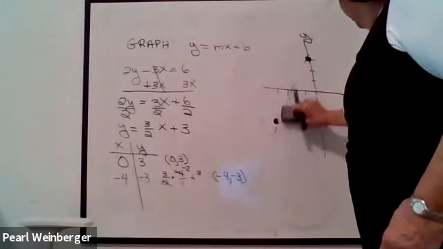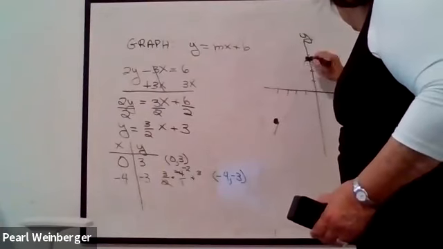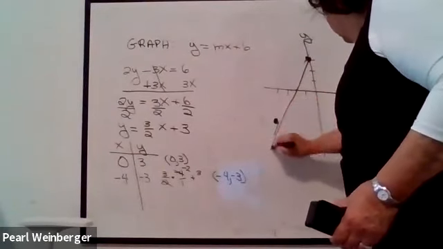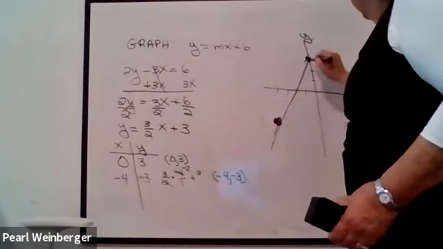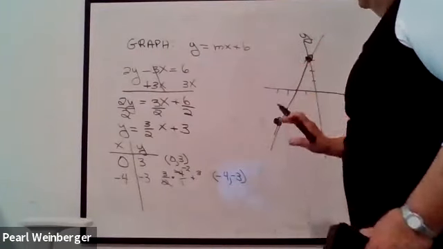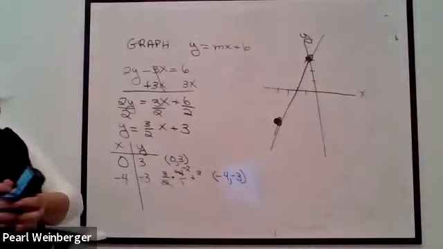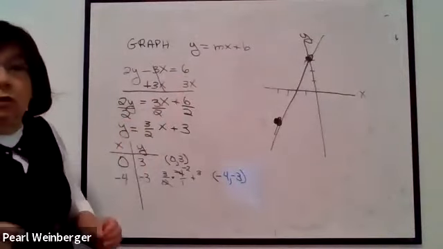Did it get better? Something like this. And this is what your line looks like approximately. Of course, if I had graph paper, I would have a better picture.